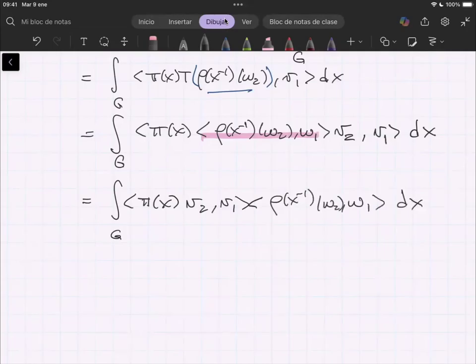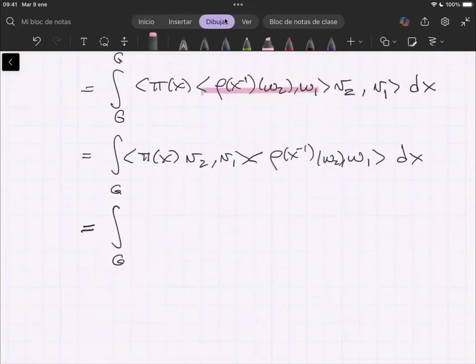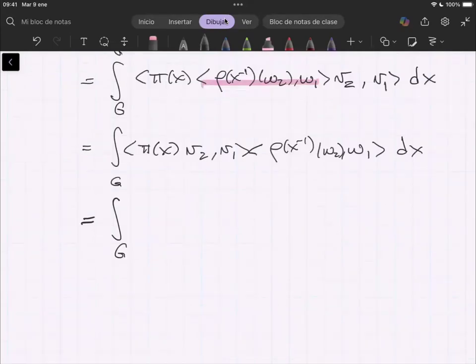Yes. And now I use invariance. As I told you, assuming that the inner products are invariant. So this is the same, having this inner product, and now we write W2 times rho x of W1.